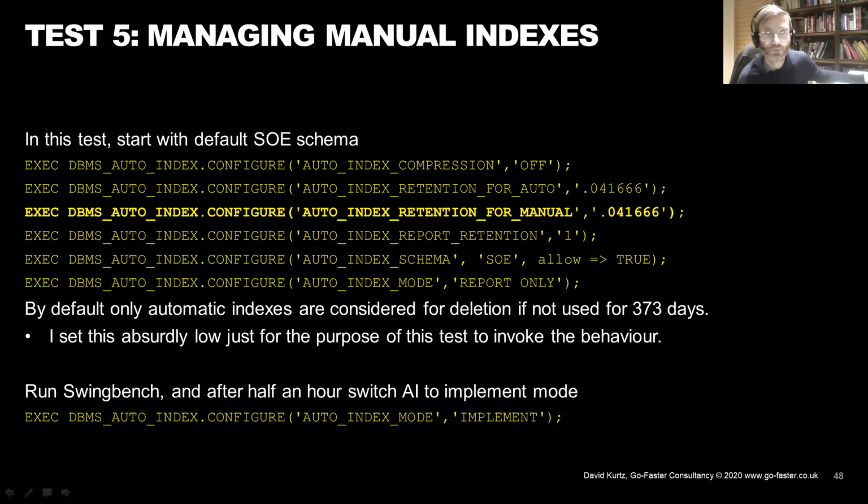You wouldn't do this for real. That's an absurdly low value, but I was trying to get the behavior to work in my test. So I set automatic indexing off, put it initially into report only mode, and then I ran Swingbench for a while, and then I put it into implement mode.